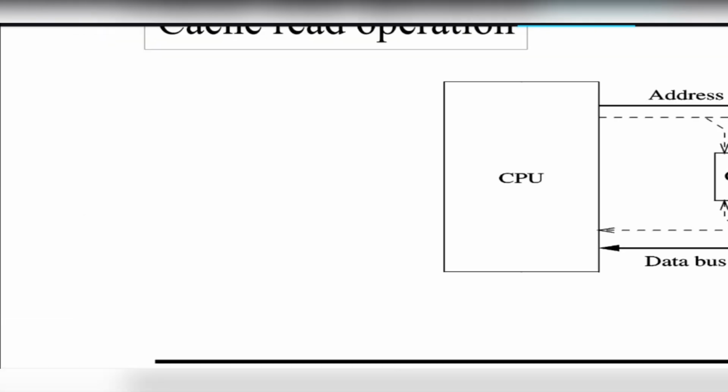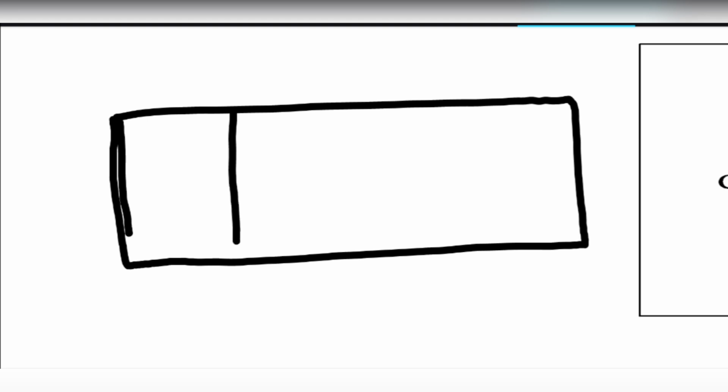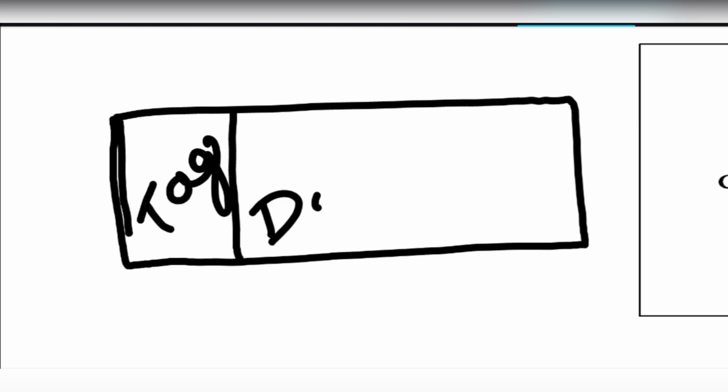First of all, you have to understand how a cache block looks. This is a cache block. This is the tag. Then this is the data. And this is a metadata bit.